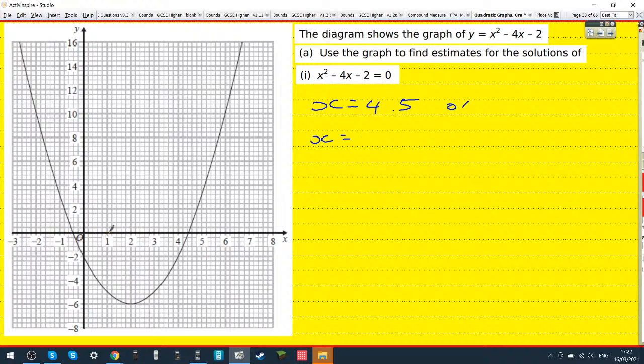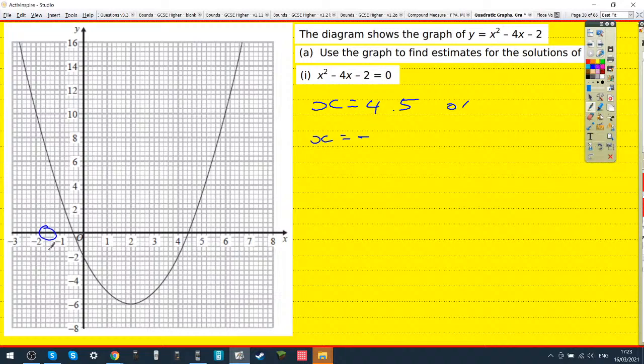Looks like it's a bit less than 0. Minus 1.8?